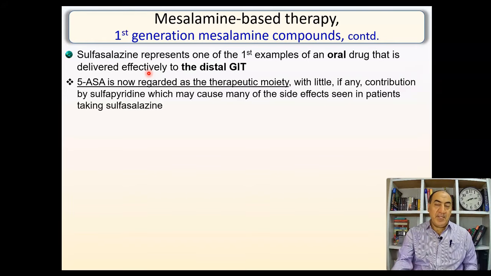So it needs to go there. That's why you use sulfapyridine with it, to allow 5-ASA, through the azo bond, to reach the distal GIT. 5-ASA is regarded as the therapeutic moiety, not sulfapyridine. Actually, sulfapyridine is responsible for many of the side effects of sulfasalazine.